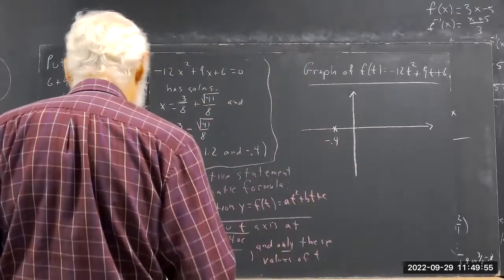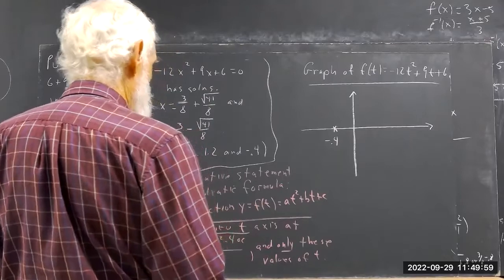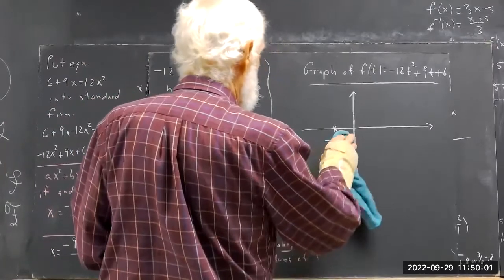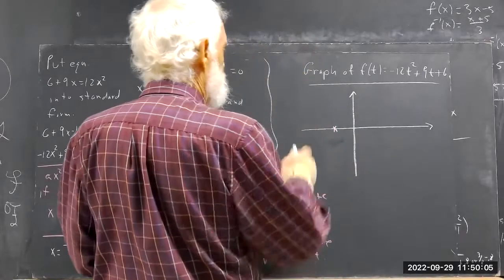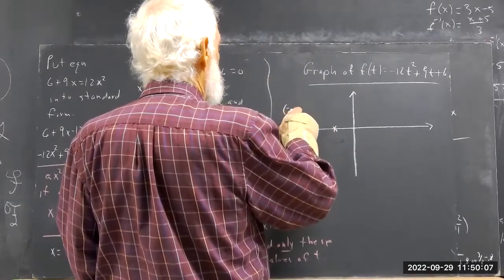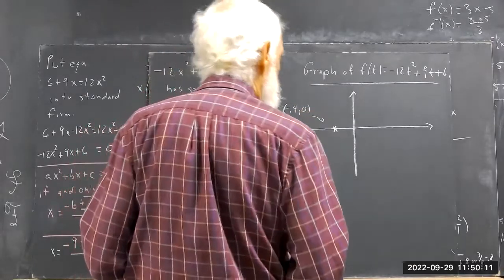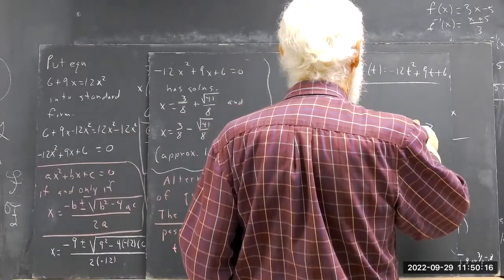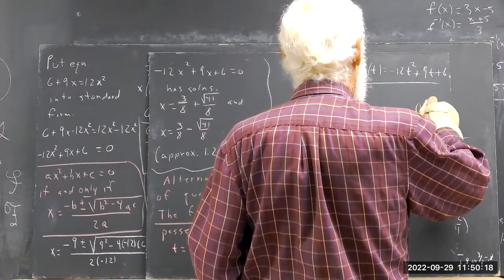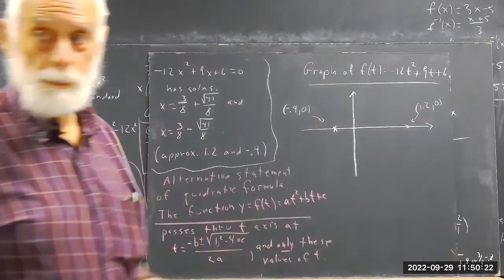I'm going to change where I've labeled it because I don't want my graphs to go through my labels. Okay, so I'm just going to label the point negative 0.4, 0 and 1.2, 0.